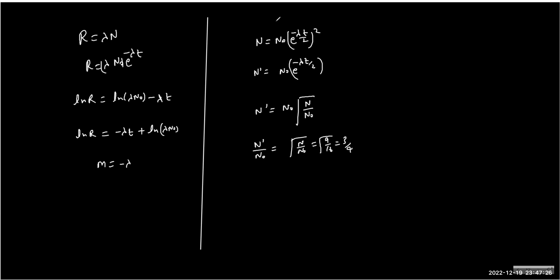See, the relation of activity and the N formula are both the same, right? So the half-life is close to... Do you remember the formula? I have given you the formula. T is close to 1 by lambda ln, T half by ln2.